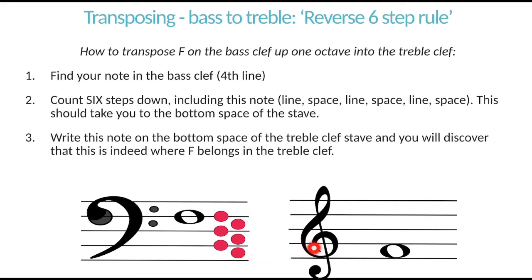If we were to transfer that note into the bottom space of the treble clef, you would see that this is an F, this is an F, and that this note is 1 octave higher than this note.